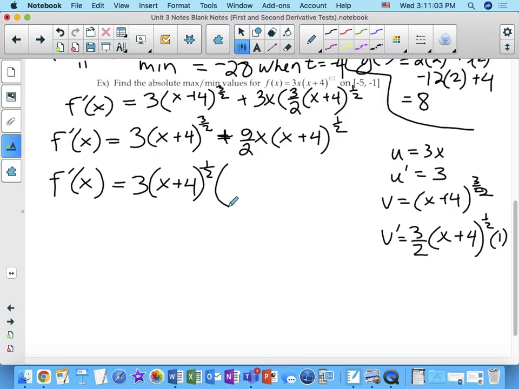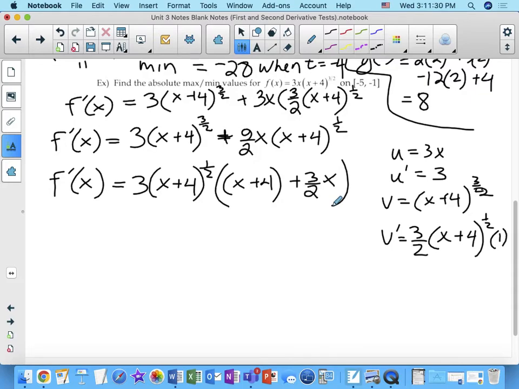Because if I take a half of that away, I'm just left with (x + 4)^1. And then here, I'm going to be left with, if I take out 3, plus (3/2)x. Does that make sense?